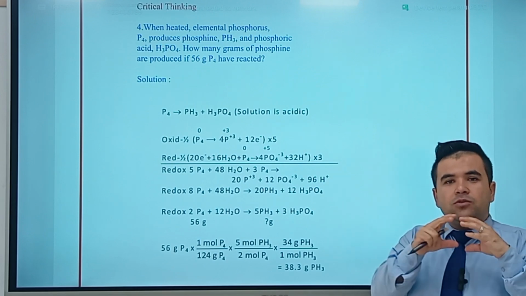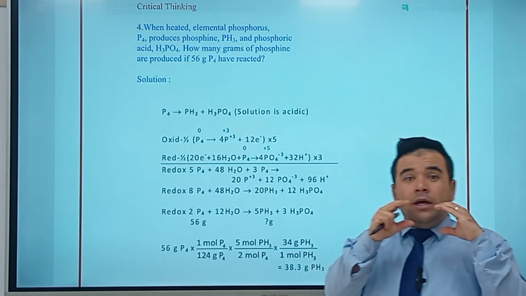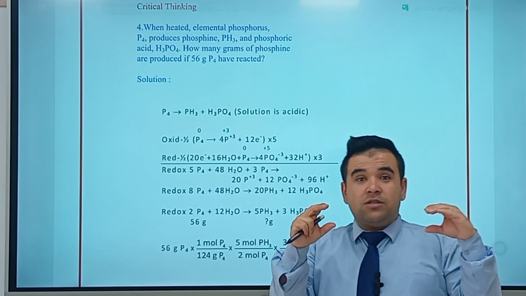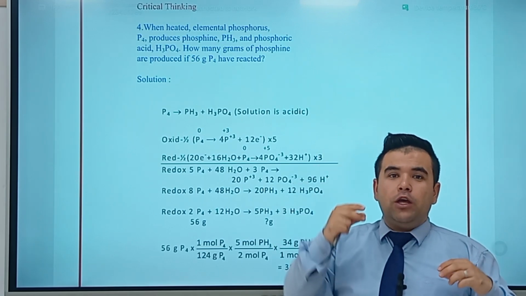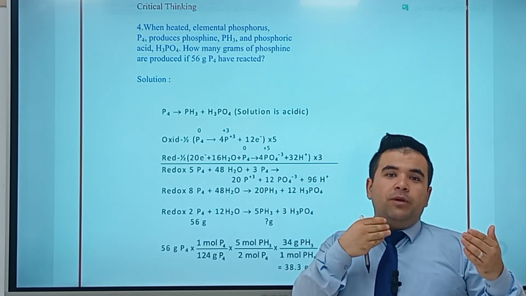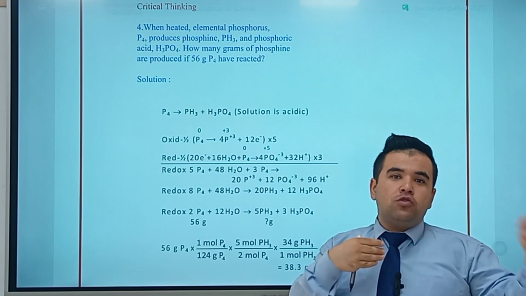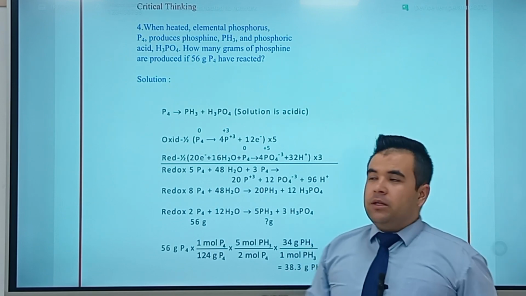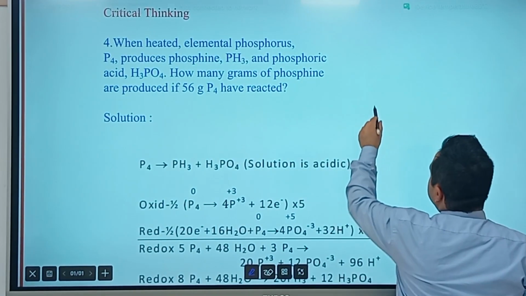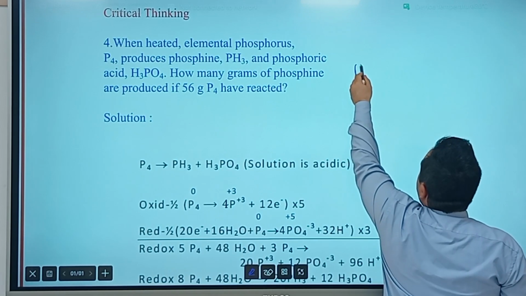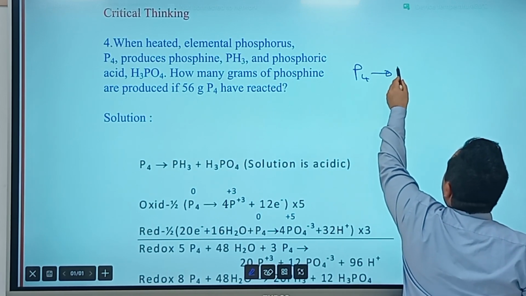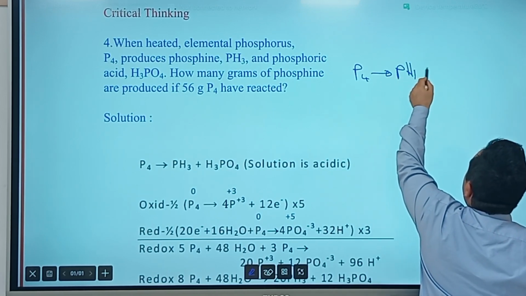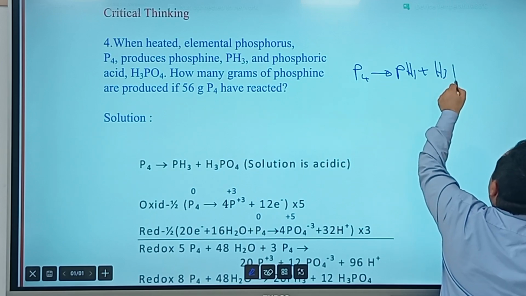The final step is to compare the summation of those two halves with the formula equation, where we will add some of the ions or species which are necessary. Critical thinking: the reaction as it's given, P4 goes to form phosphine PH3 plus H3PO4.